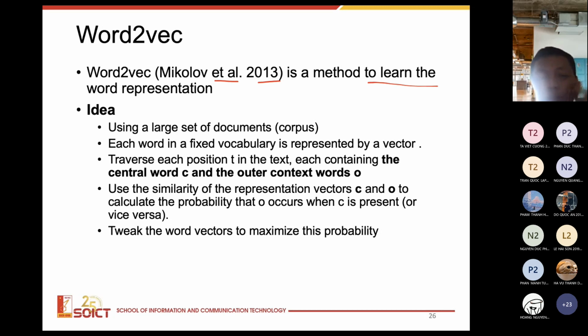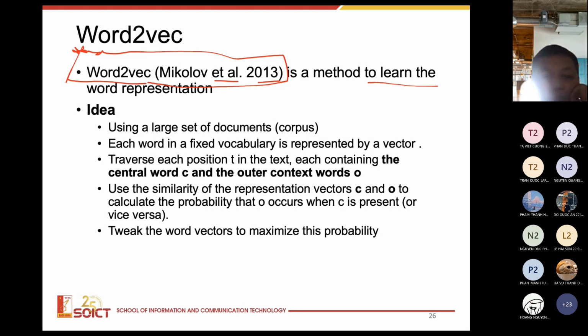This is not the first work to represent words by word vectors, but the contribution of this work is quite popular, so people discuss this approach quite often.